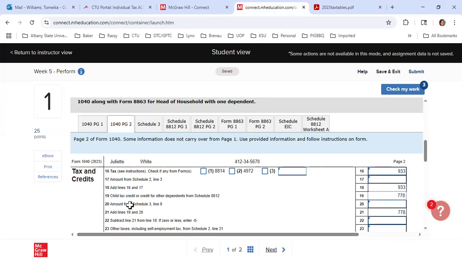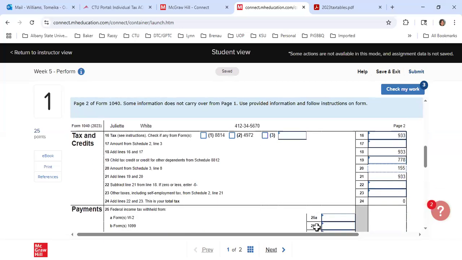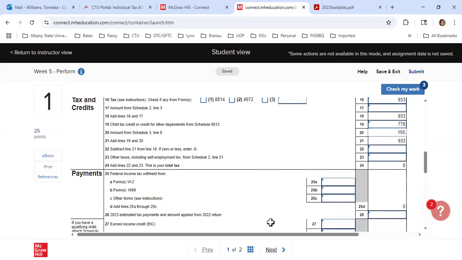Line 20 for the amount from Schedule 3, line 8, if you remember, was 155. According to the problem, the amount of federal tax withheld is 997 for box 25A.